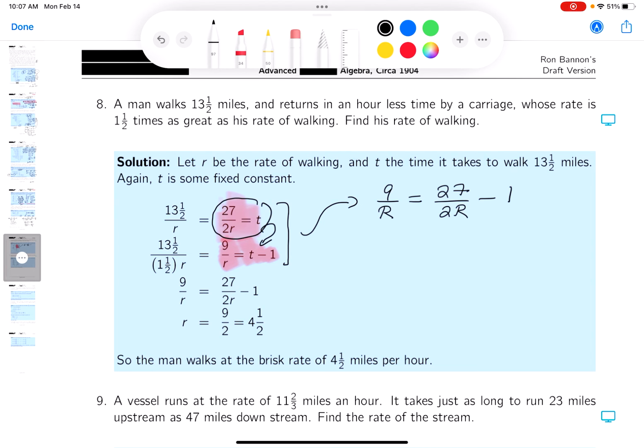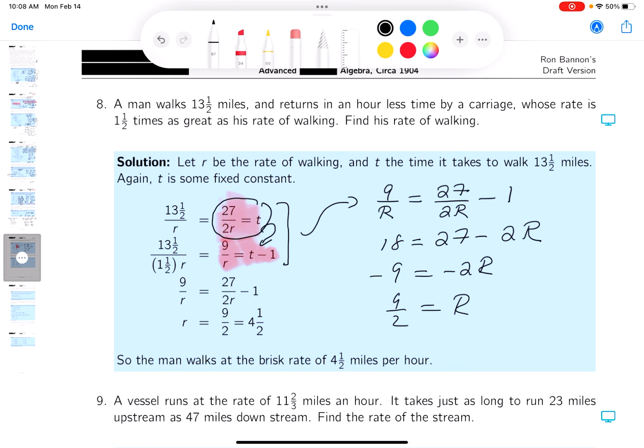And that's what I got. Multiply both sides by 2R. What are you going to get? 18 equals 27 minus 2R. I'm going to take 27 from both sides. You're going to get minus 9 equals minus 2R. And now I'm going to divide by minus 2, and you're going to get R equals 9 halves.